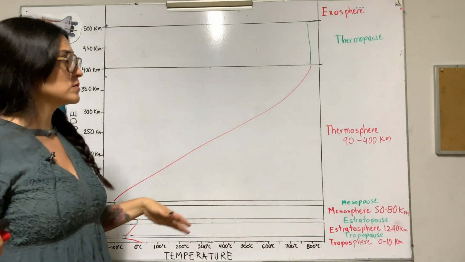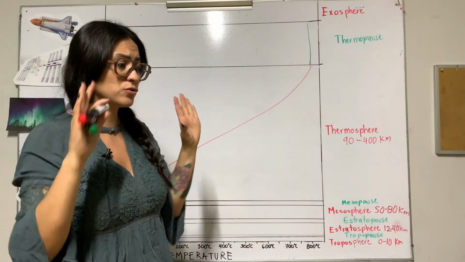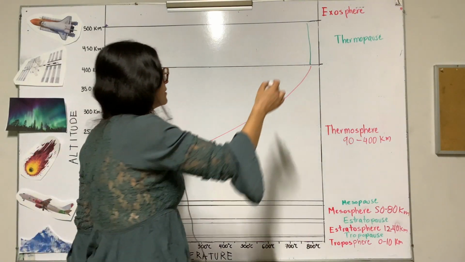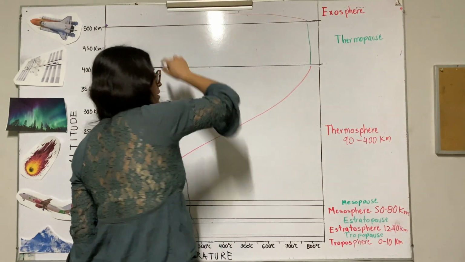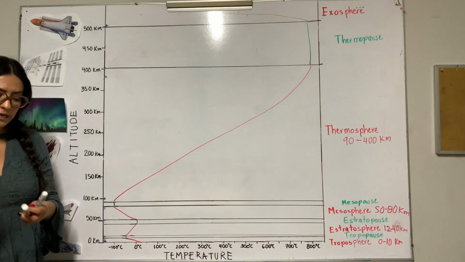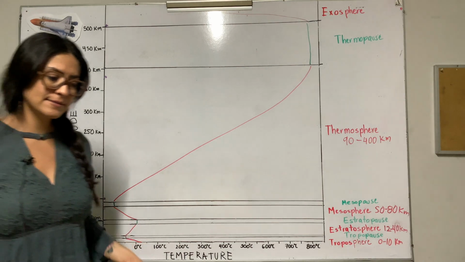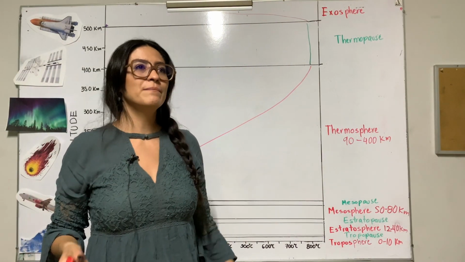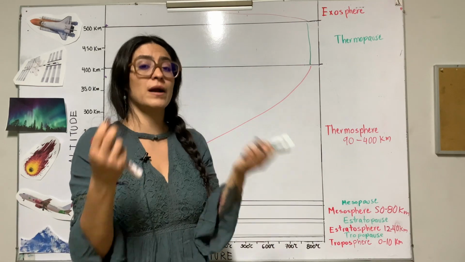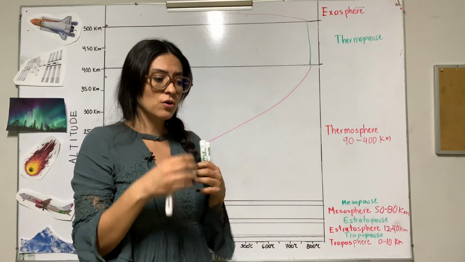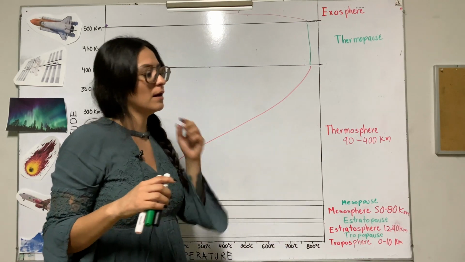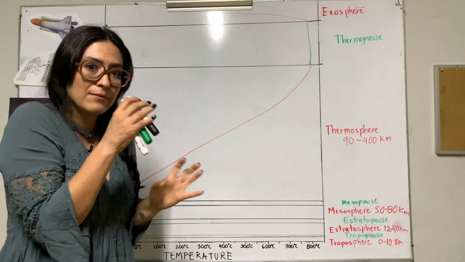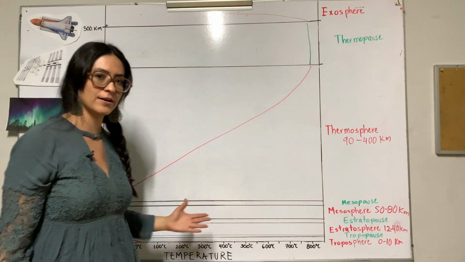So the thermopause is another transition zone where the temperature stays that way, but then we are going to have a drop of temperature, and we're going to reach even below zero. It's really cold, but like I said, it is cold because there is no air, there are no particles to heat. So the concept doesn't apply the same way as here.